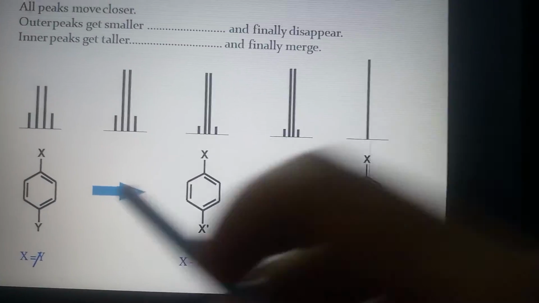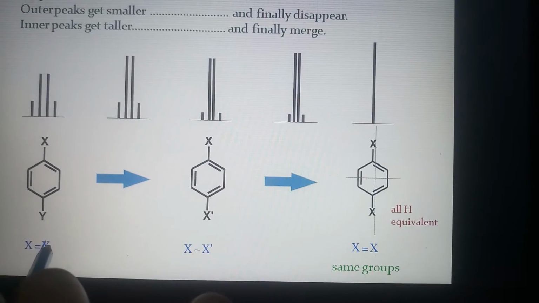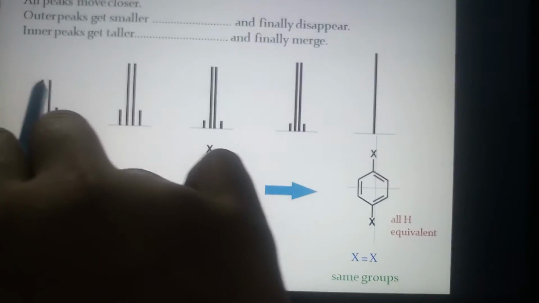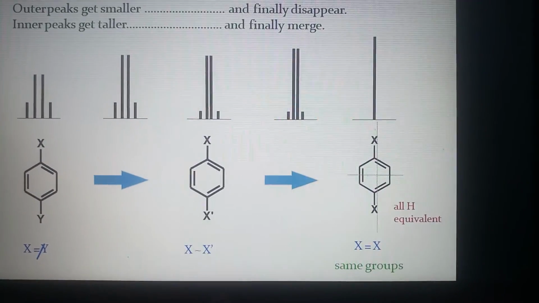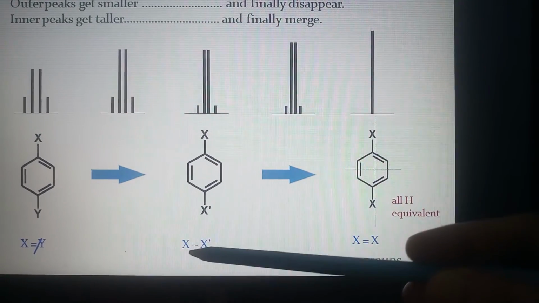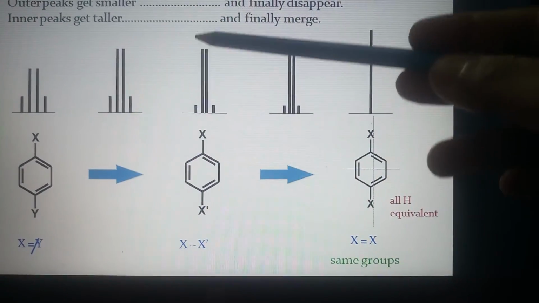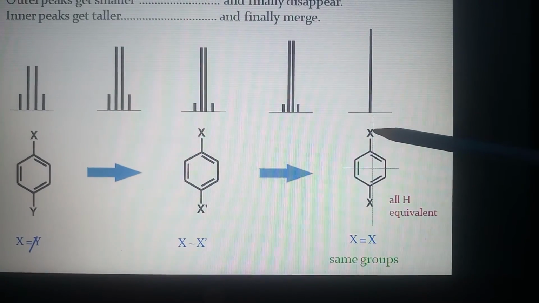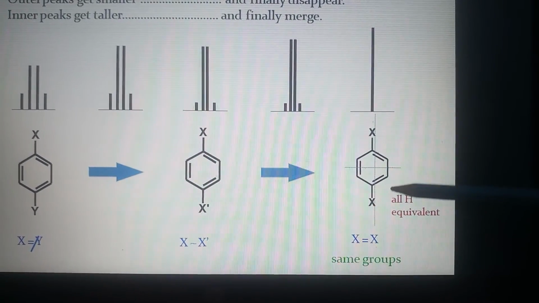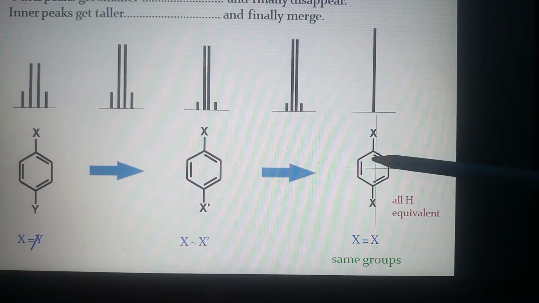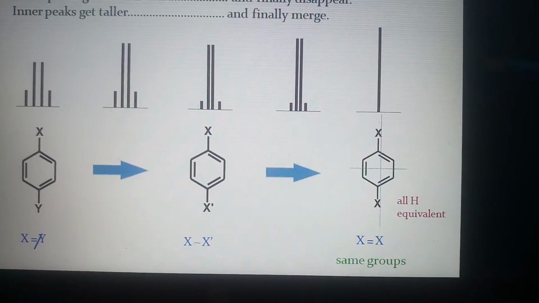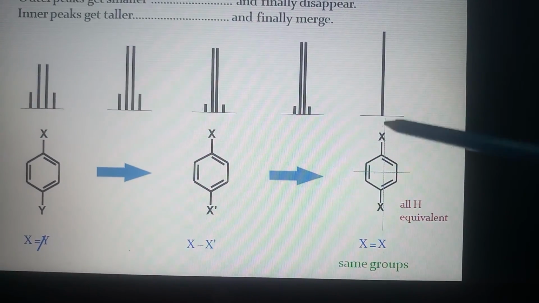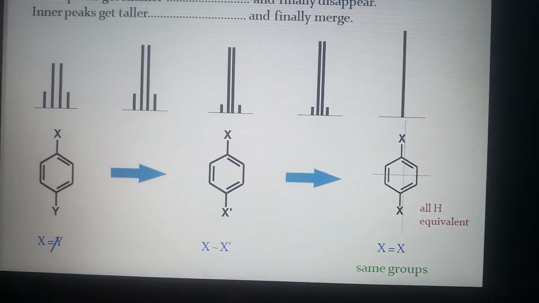Why and when? If X is not equal to Y, we will get this type of peaks. When X is nearly X dash, this type of peaks will arise. Finally, when X is equal to X, the same group, all protons will be equivalent, giving a single peak, that is a singlet.